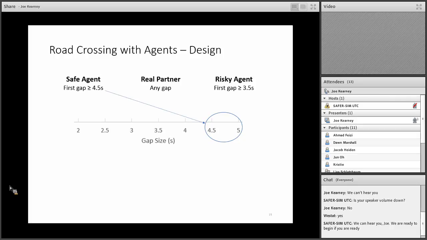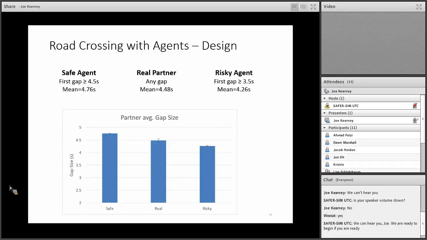The gaps were presented in random order, so when a gap came, they took it if it was a sizable gap. The risky agent took, in addition to the 4.5 and 5 second gaps, the 3.5 and 4 second gaps. So the first gap that came along that was 3.5 seconds or greater, the risky agent would take. And the real partner took whatever they would take.